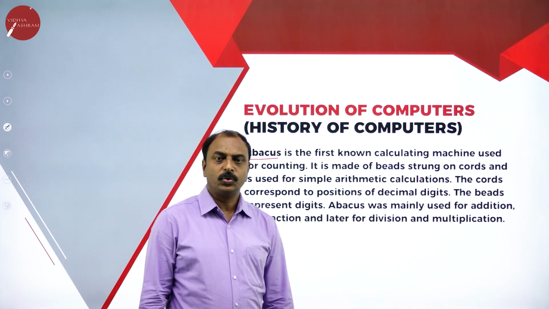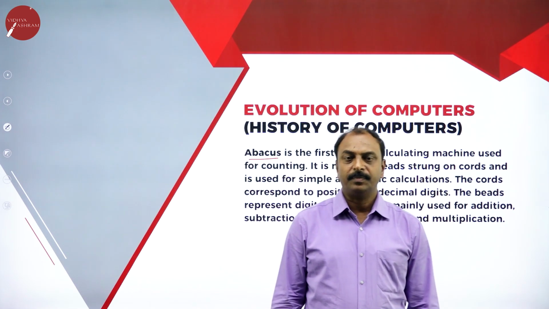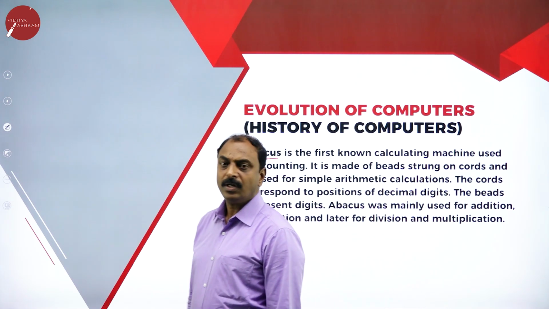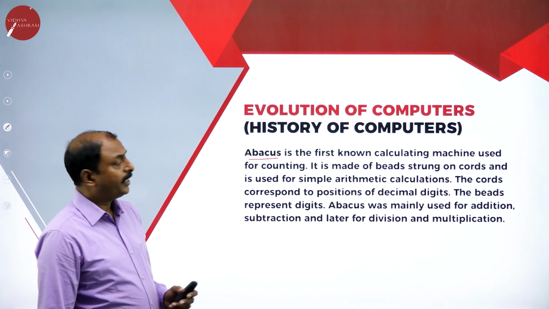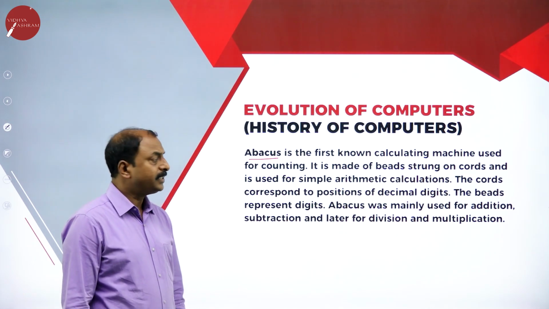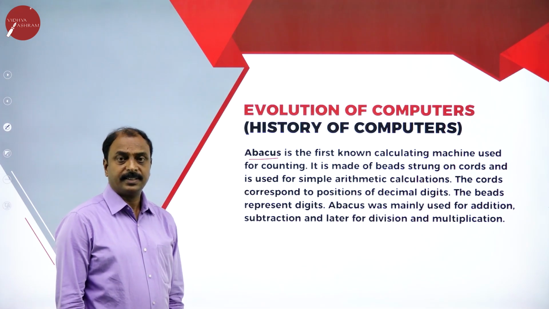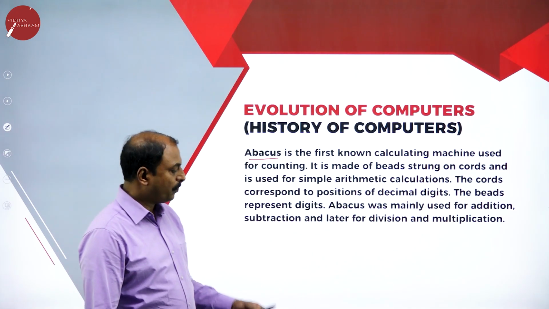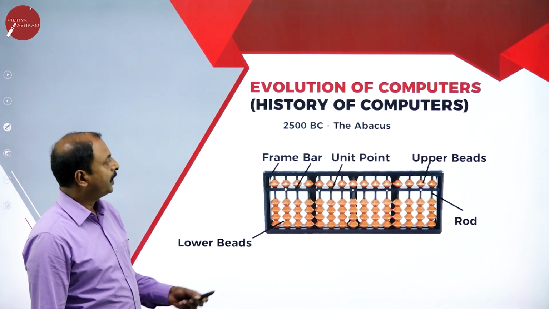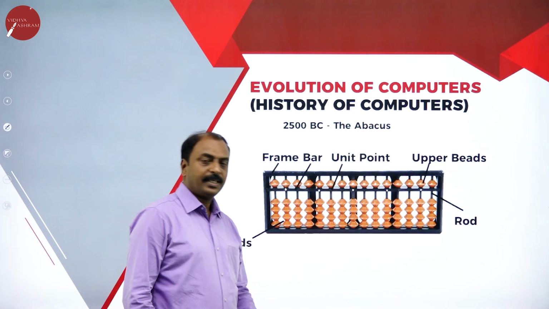That made them develop a system or a mechanism for counting numbers. So, in that way, the first counting device is the abacus. It was developed by the Babylonians.